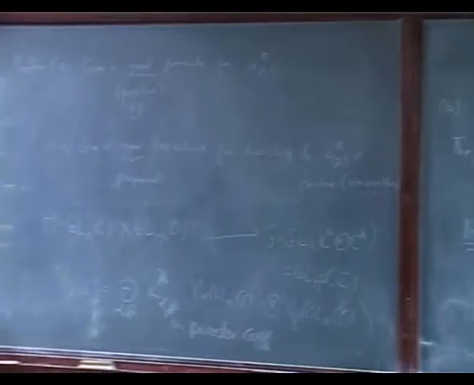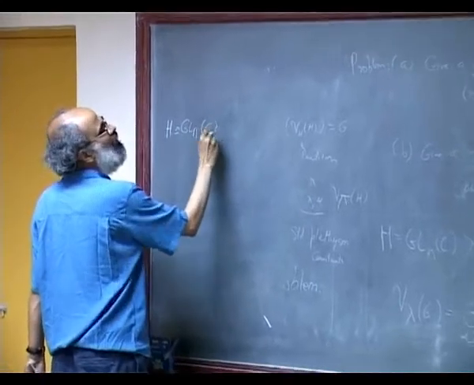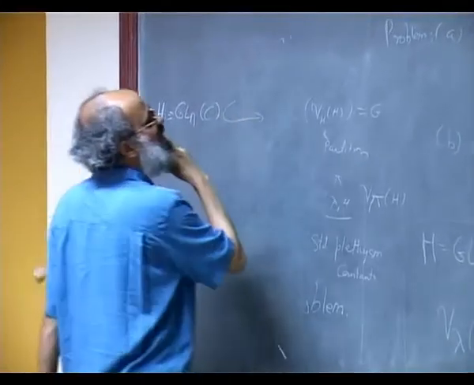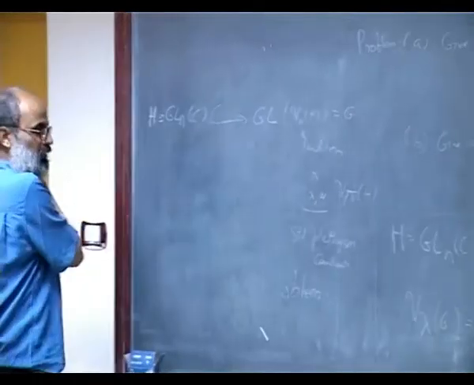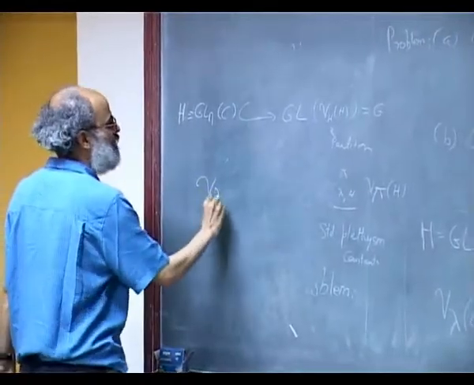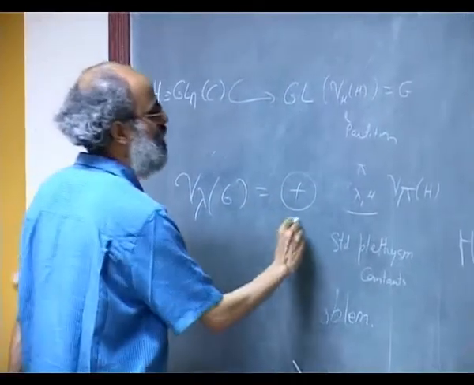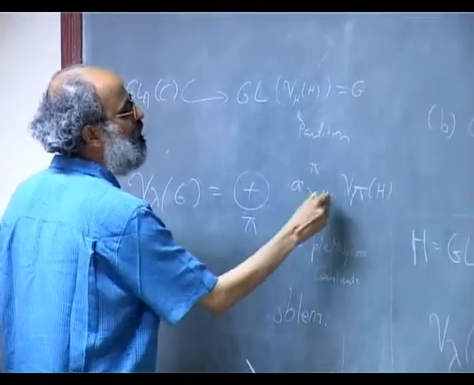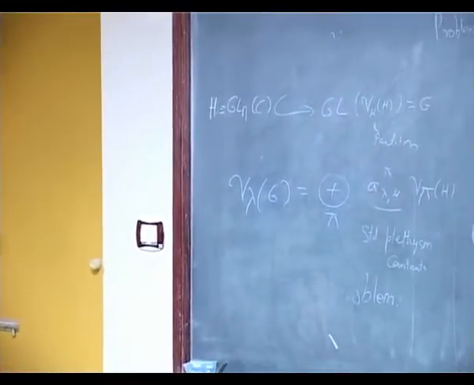I think it was defined here. So G equals GL_n C, H equals GL_n C inside GL(V_mu). H equals G, then V_lambda of G would break up as a sum over pi of a_{pi, lambda, mu}. So this is the standard plethysm constant.